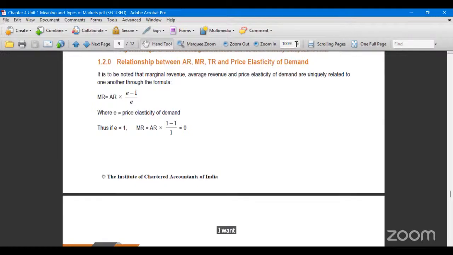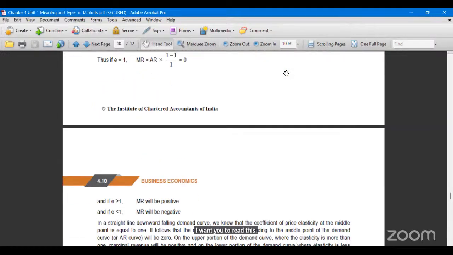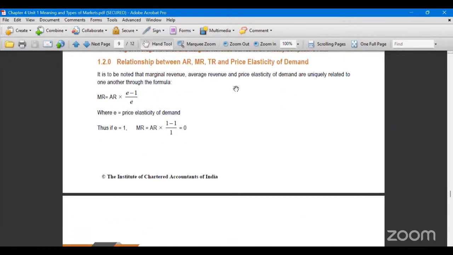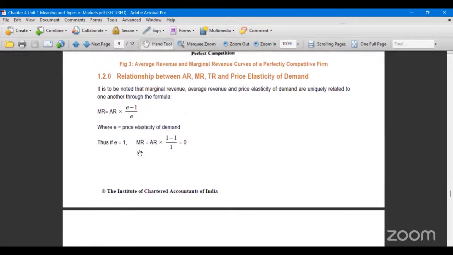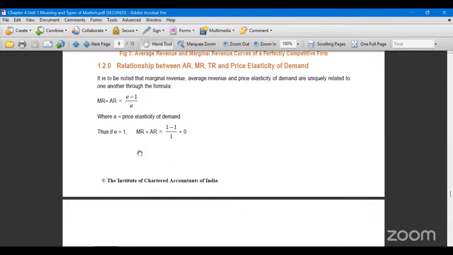I want you to read this and take down this formula. MR is equal to AR into (E minus 1) divided by E, where E is price elasticity of demand.